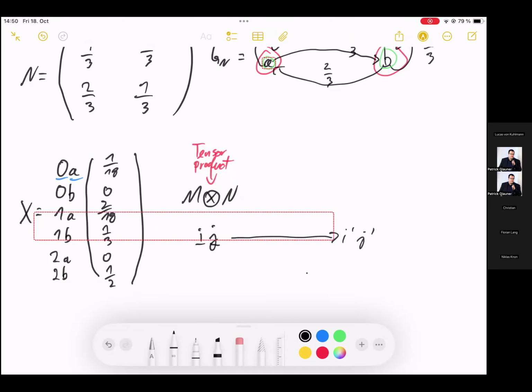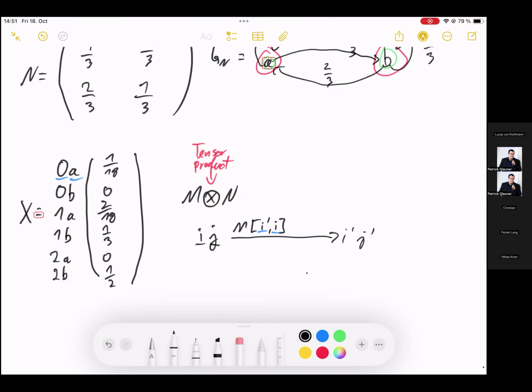We want to calculate what is the transition probability. We need matrix M, and concretely, we need to look into row i prime and then column i. This means how to transition from i to i prime, because the row is the one we want to transition to. Remember this, the column is where we transition from.